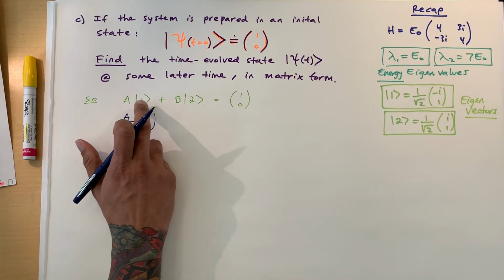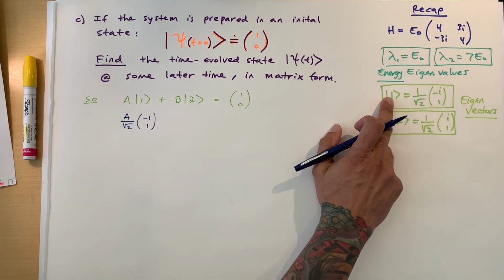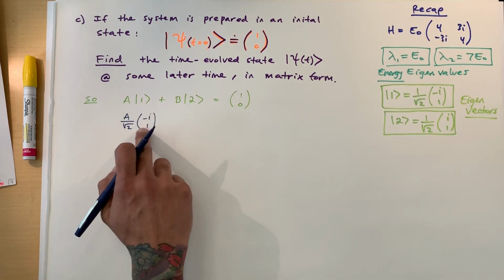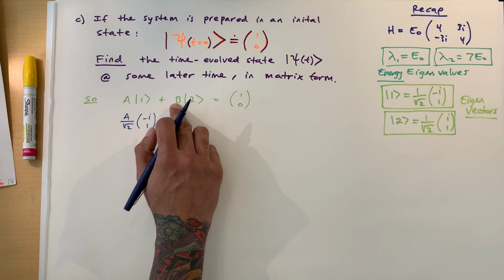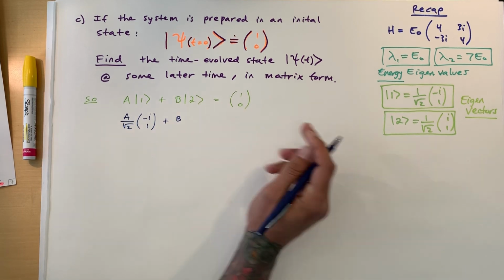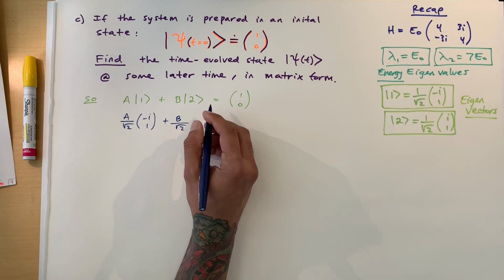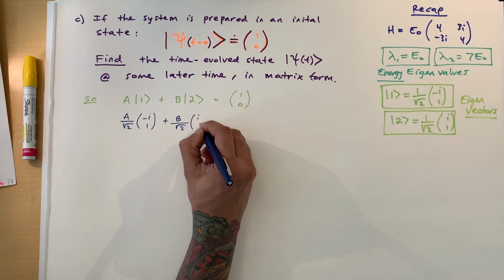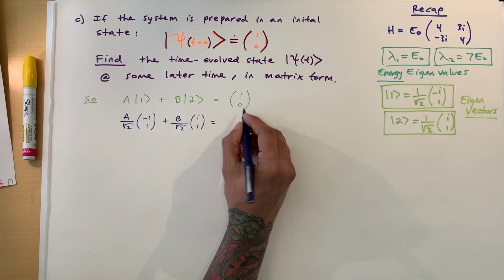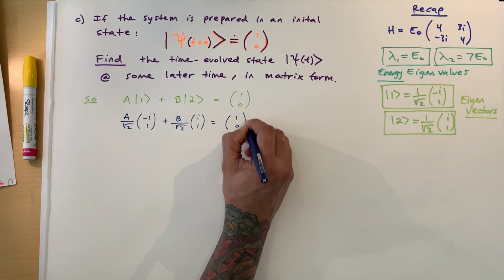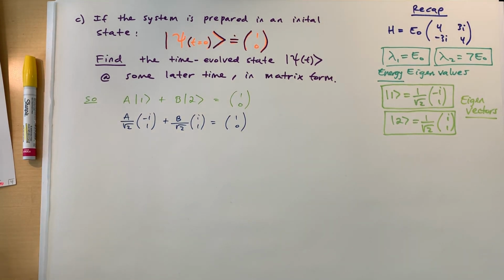I'm just replacing the state vector 1 here. And then plus B times state vector 2, which is square root of 2 over i and 1. And everything is equal to 1, 0, our initial state.